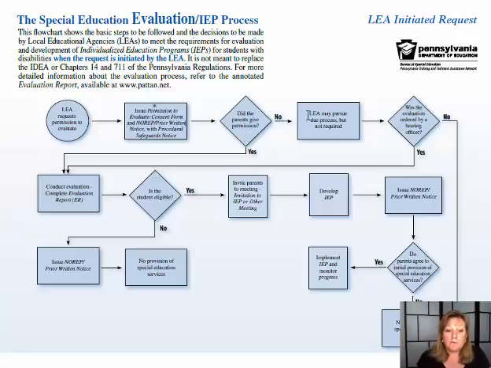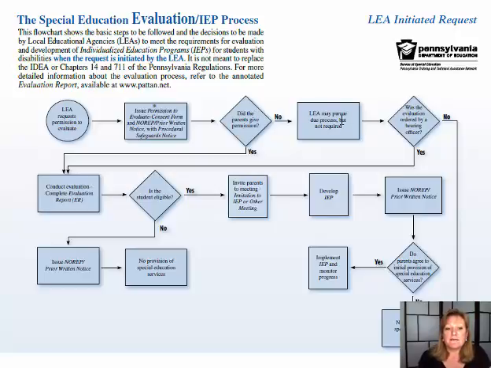So if it's no, if the parents don't give permission, the district can pursue litigation or legal recourse. Okay, but it's not required, and few districts will push it if the parent really doesn't want the child to be evaluated. If they do go to mediation or legal due process, there's a hearing officer who's involved, and sometimes if the hearing officer agrees with the district, then they order the evaluation themselves.